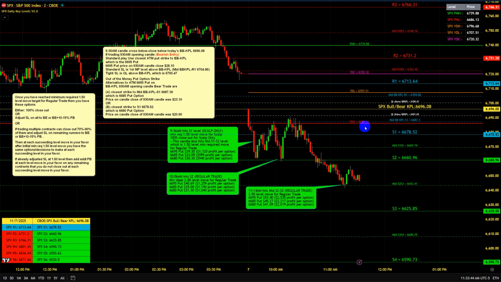The same thing in reverse for the bearish sell-off. For any significant bearish sell-off, we're going to need price not only to start closing below the bull-bear KPL level, but we're also going to need it to close below the PML pre-market low level and stay below the pre-market low level as well.